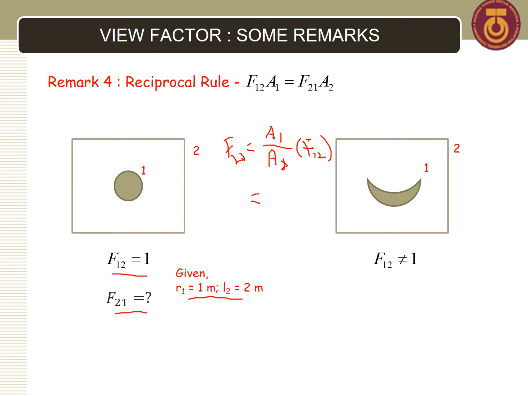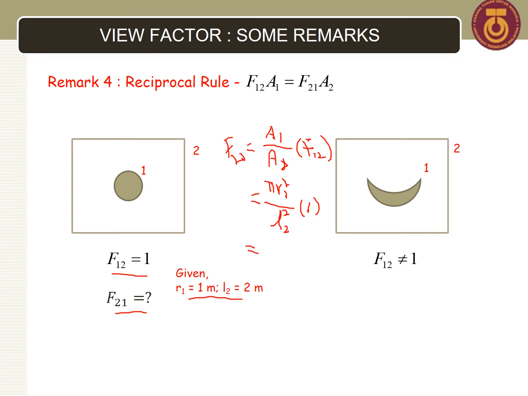And what is A1? A1 is pi R1 square, and A2 is L2 square, and F12 equals 1.